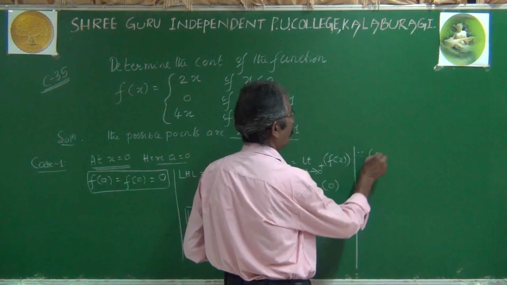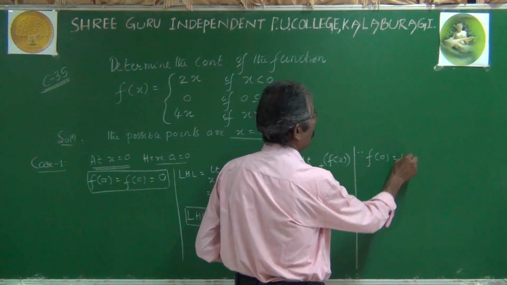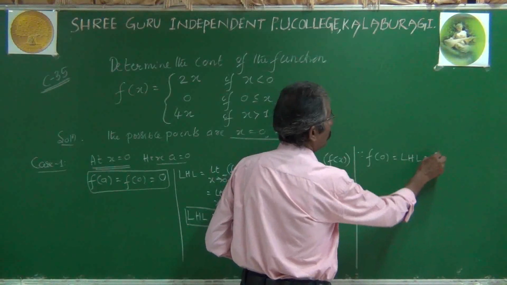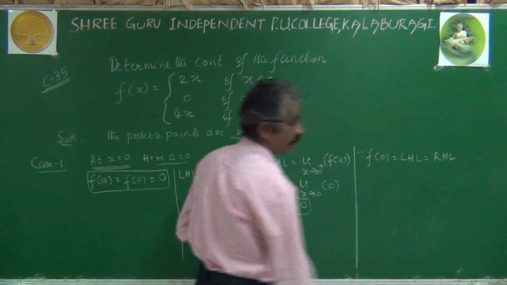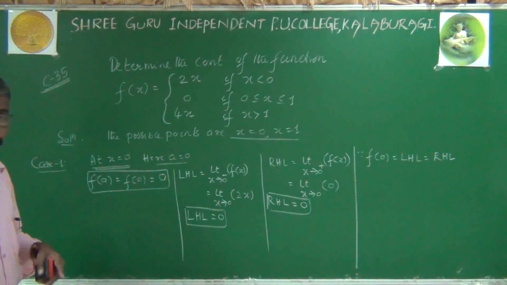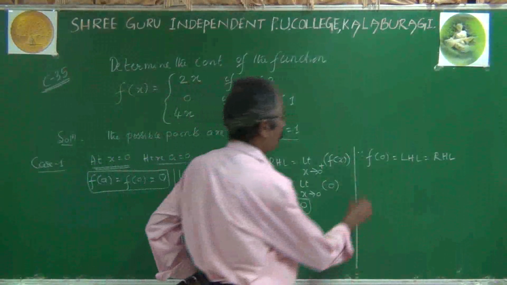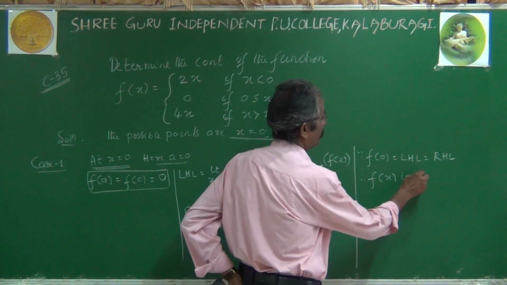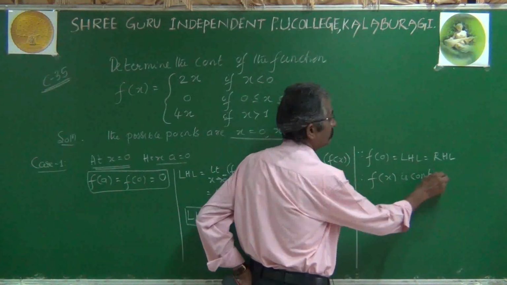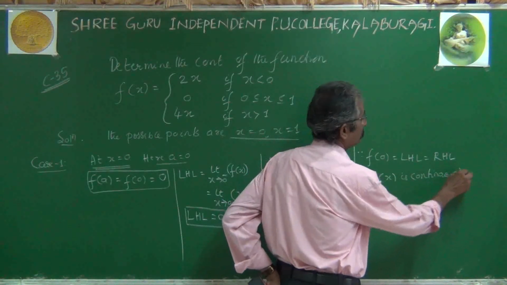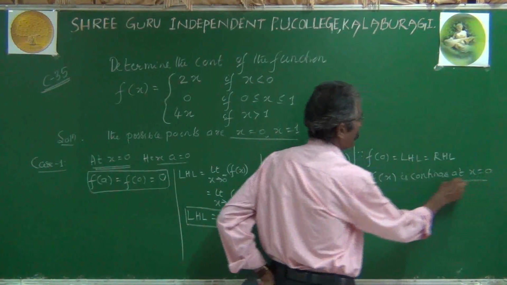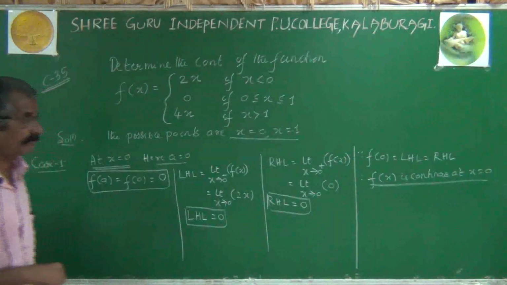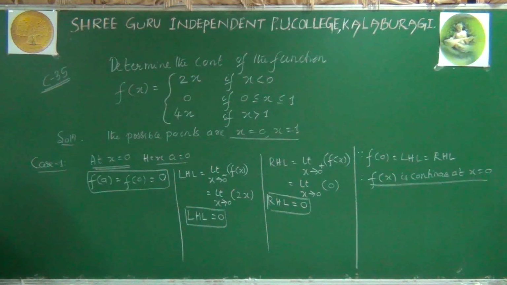Since f of 0 equal to left hand limit equal to right hand limit, therefore f of x is continuous at x equal to 0. This is under case 1.